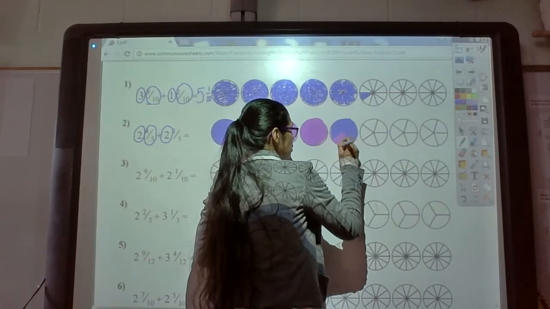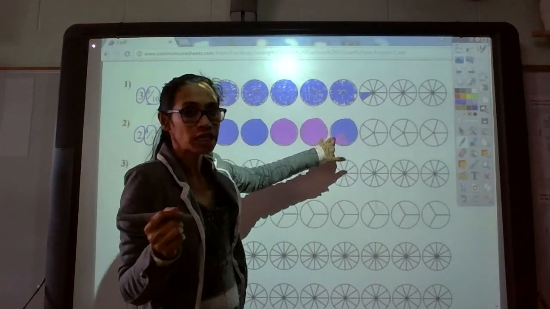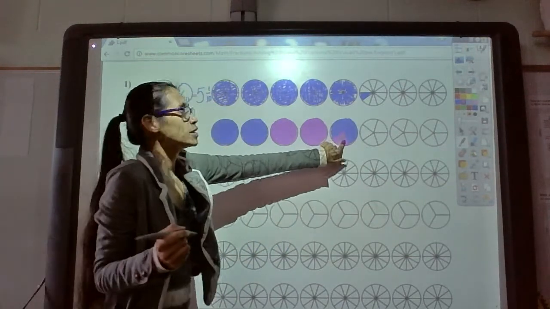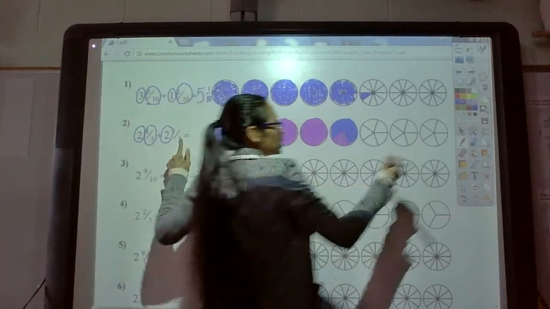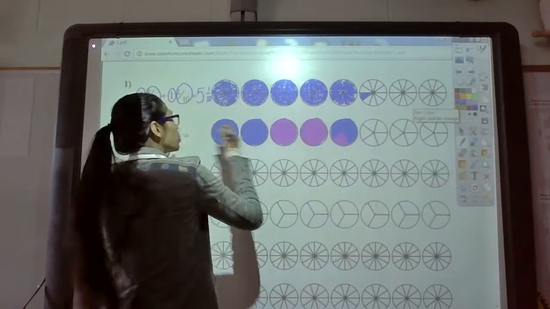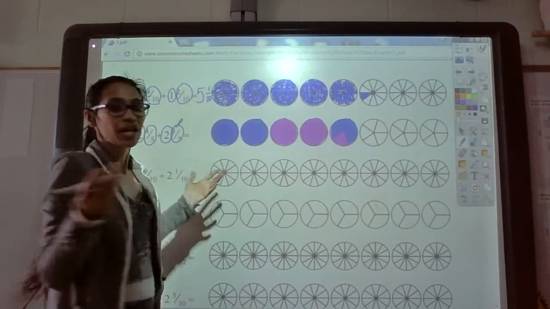Bam, right there. Remember, don't use another circle yet until you fully shade in that one. So we had the 4/5, and then I needed 1 more. There's that 1/5 right there. Bam. And do we need to color that next circle? No, because I don't have any more that I need to color.